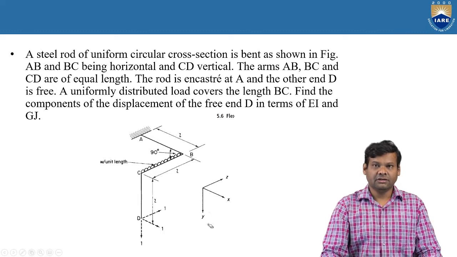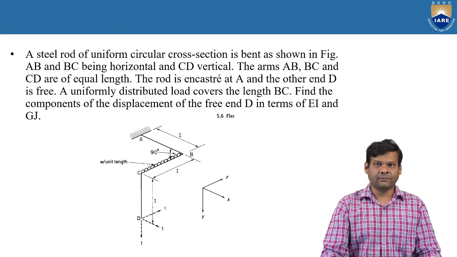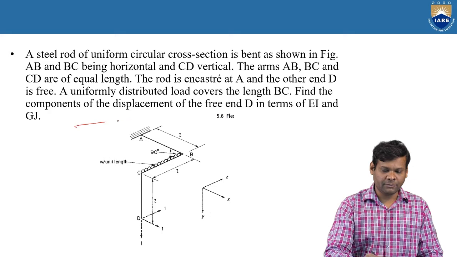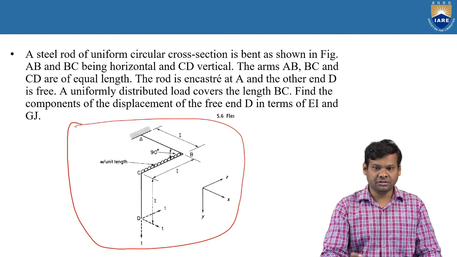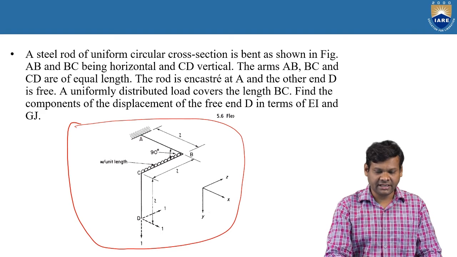Next, proceed. If you take a realistic problem, this is one of the problems in space, and what you observe is that there are elements from A to B, B to C, and C to D in the XYZ plane.